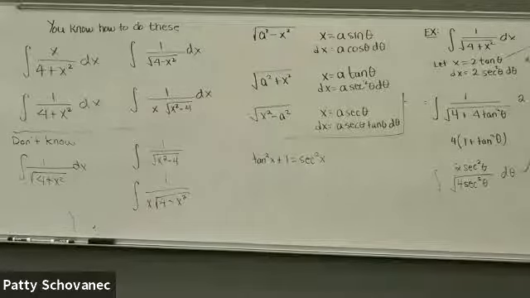I need to have a common factor of 9, so I'm going to replace x with 3 times the secant of theta, so that I get a secant squared minus 1 after I factor out the 9. I need the 3 because I'm squaring, I need the common factor.